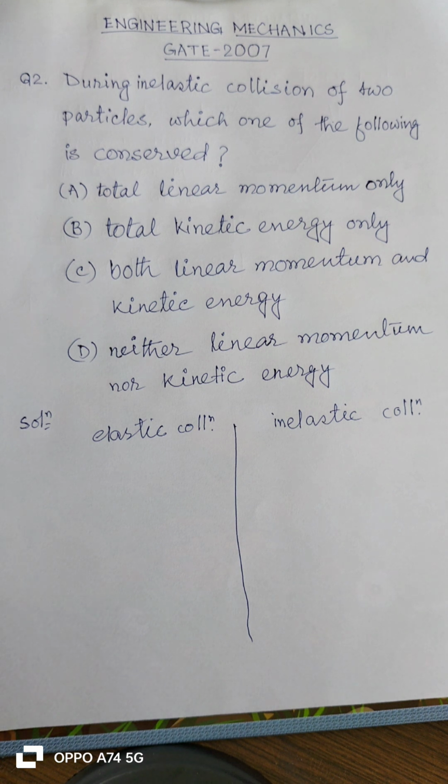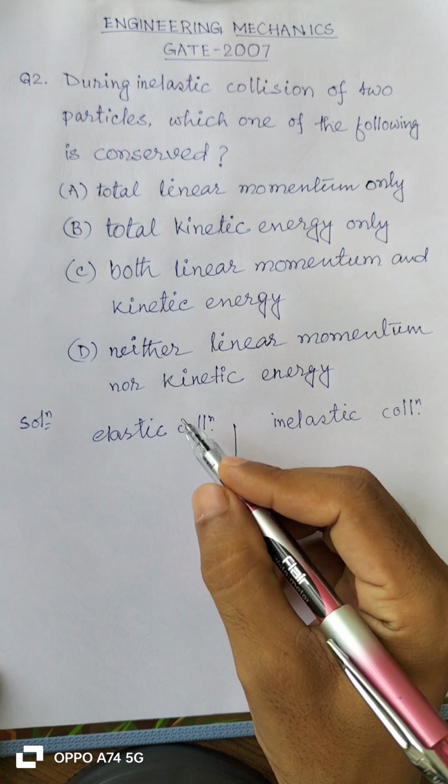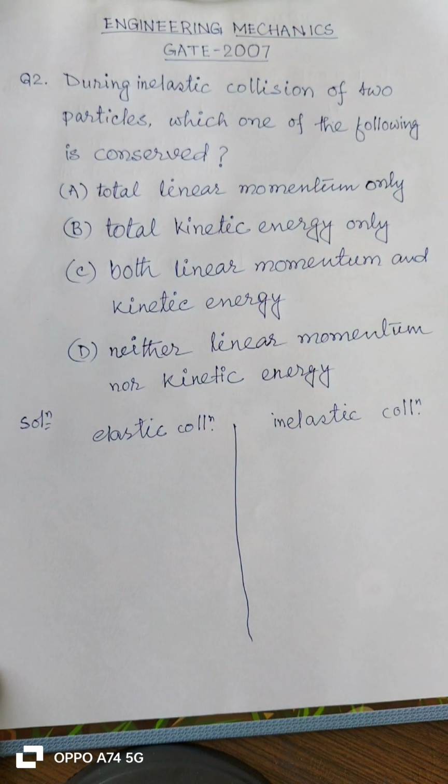So in elastic collision, the total kinetic energy before and after the collision is conserved. That means there is no loss. But in inelastic collision, kinetic energy won't be conserved. Some part of the kinetic energy will get lost.